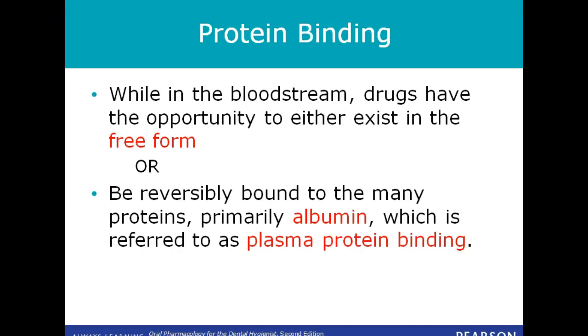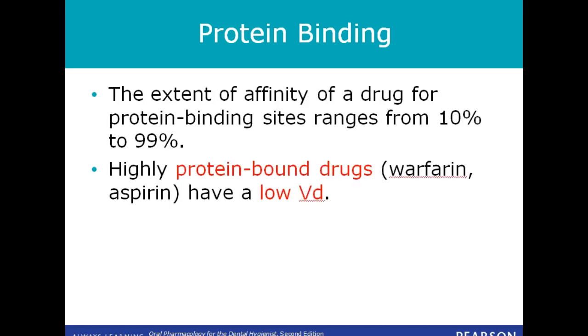While in the bloodstream, drugs have the opportunity to exist in the free form or reversibly bound to the plasma protein. The extent of affinity of a drug for protein binding sites ranges from 10% to 99%. Highly protein-bound drugs have a low VD.